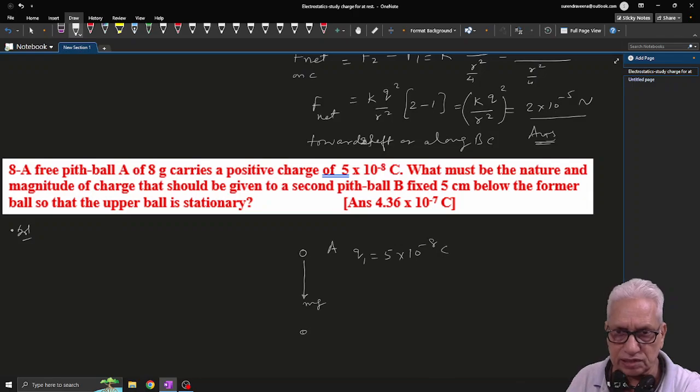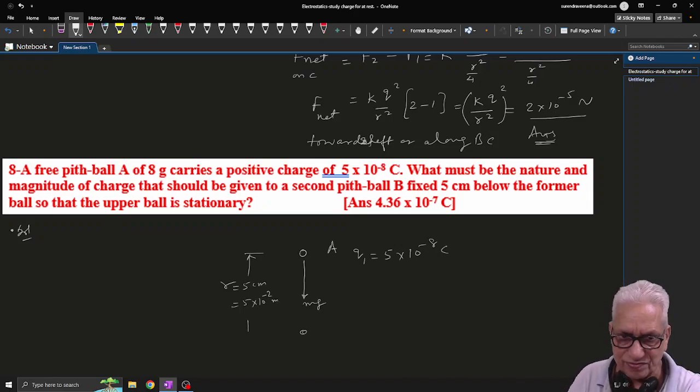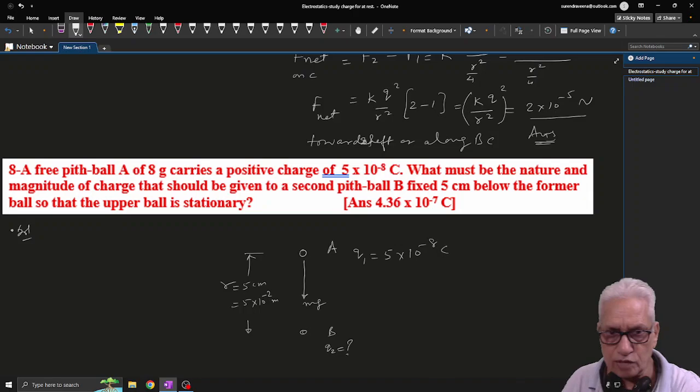Just below this, at a gap of 5 centimeter. How much is the distance? 5 centimeter. Convert into meter, 5 into 10 to the power minus 2 meter. And next, the charge on B, I do not know which charge. We have to find it. How much charge?